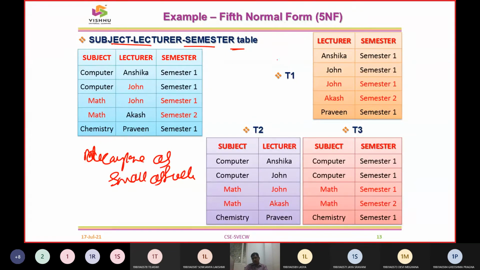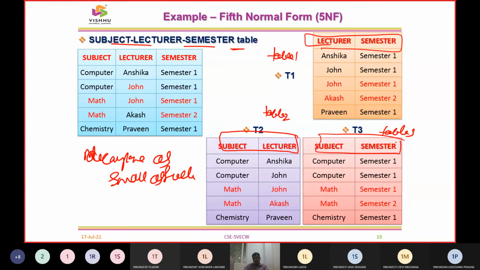This table is divided into 3 more tables, called table 1, table 2, and table 3. So it was divided into 3 parts here, and thereby we have lecturer and semester at one point, subject and lecturer at another point, subject and semester at one point.